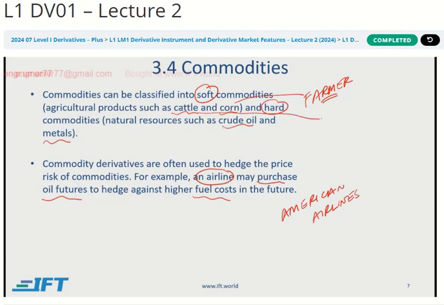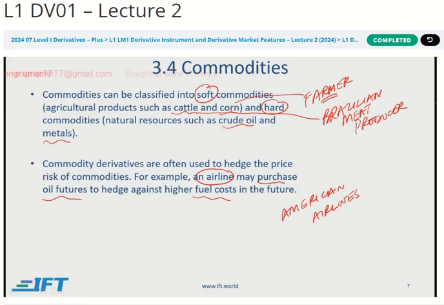Or think of a big company, like a Brazilian meat producer, a big corporate company that is producing and selling meat. So they would like to sell the meat in advance so that they can lock their profits and they can work out their costs accordingly.